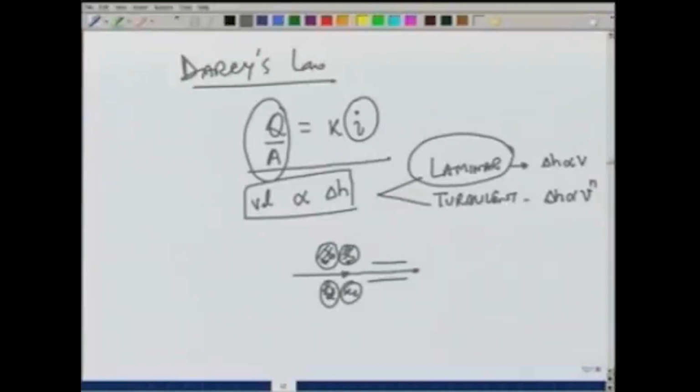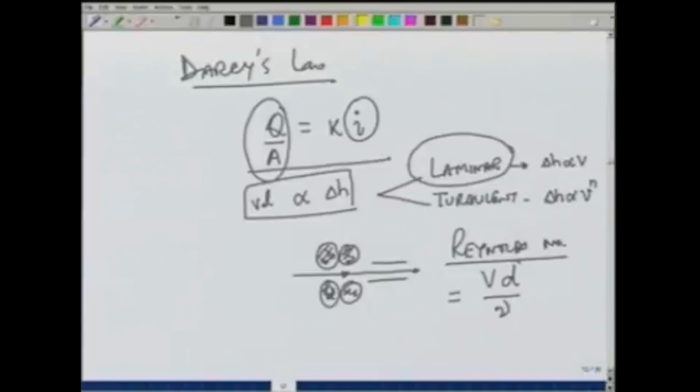The diameter of this porous tube of course will depend on the diameter of the grains, but as in pipe flow, we can define a Reynolds number as velocity, some length which typically we will take as diameter, and the kinematic viscosity.